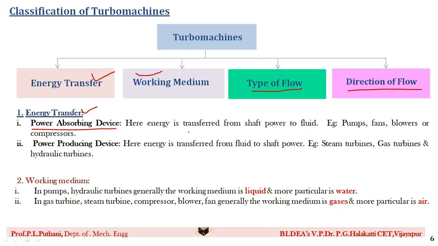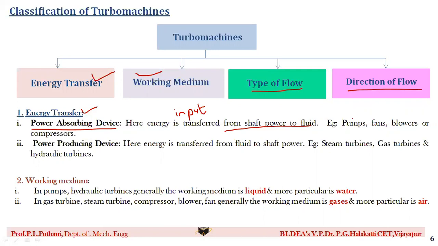Here we prefer the input shaft, which we have discussed previously. Why? Because here the energy is being transferred from the shaft to the fluid. So these are the power absorbing machines.